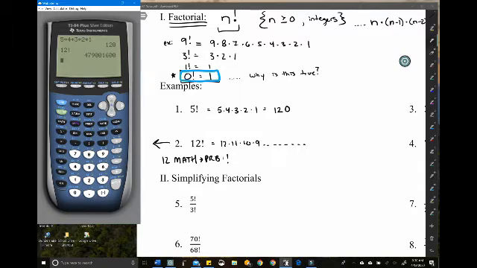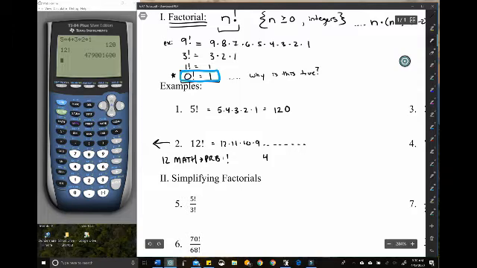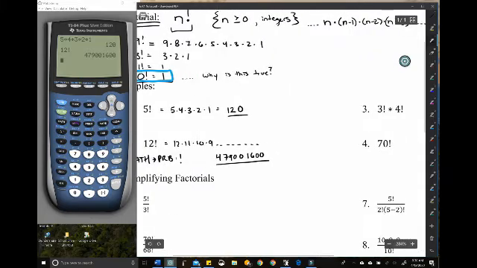So 12 factorial gets pretty big pretty quick. It's 479001600. So factorials get pretty large pretty quickly. We're going to cover how to simplify some of the larger ones in a few minutes here.